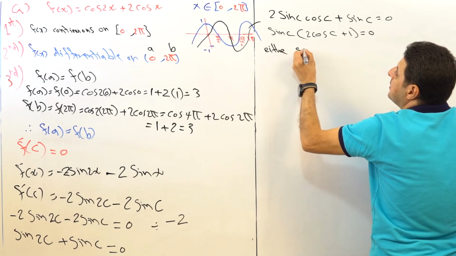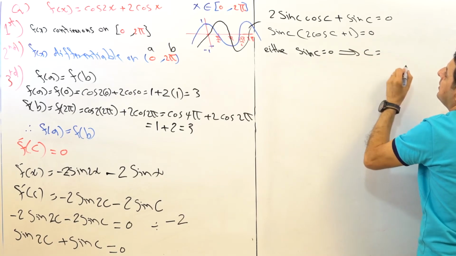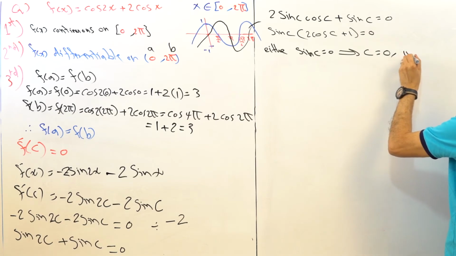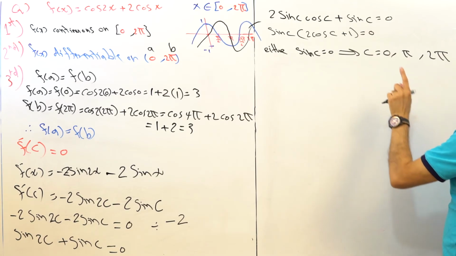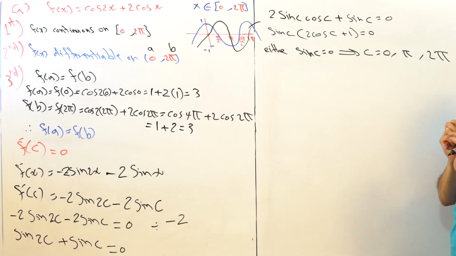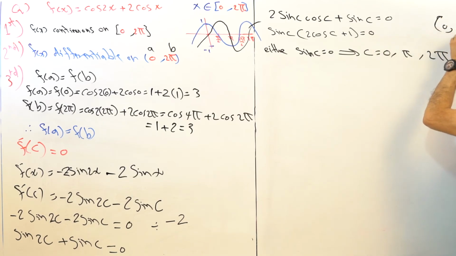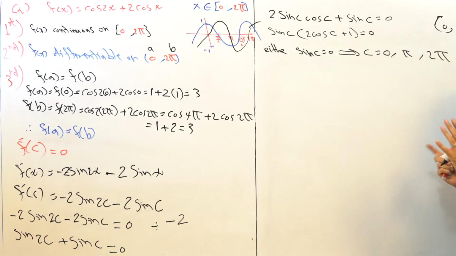Either sine c equals 0, which means c equals 0, pi, or 2 pi. I want c to belong to the open interval. 0 doesn't belong to the open interval 0 to 2 pi. 2 pi also doesn't belong to the open interval.